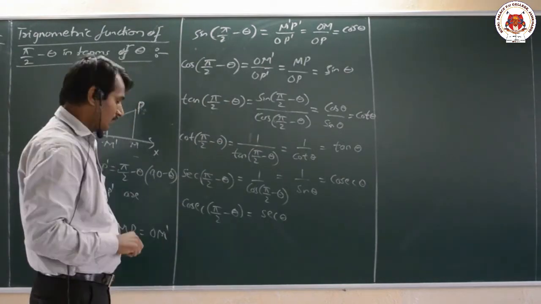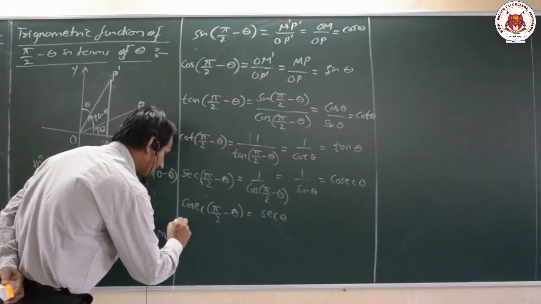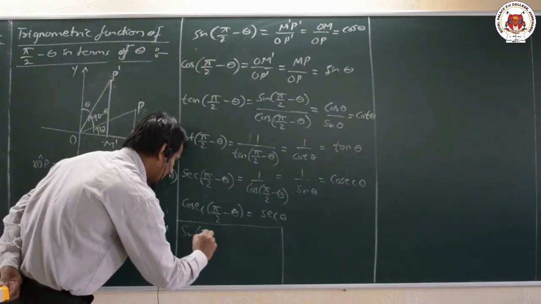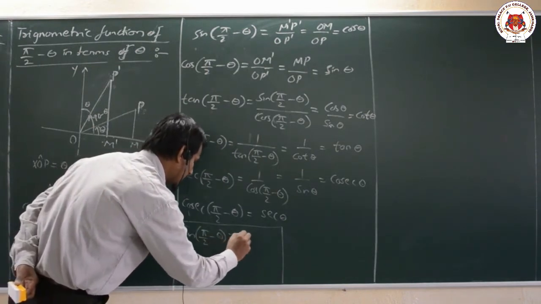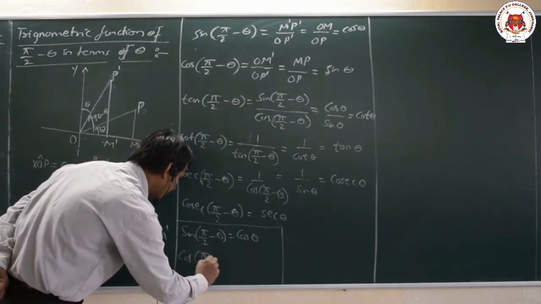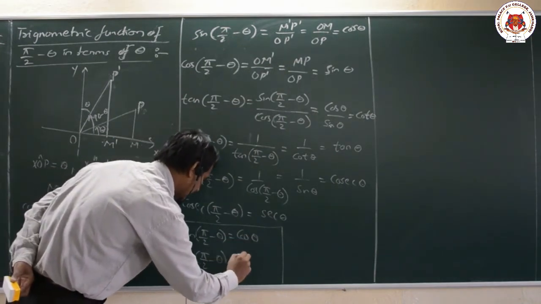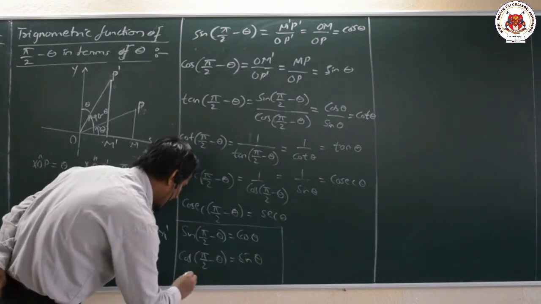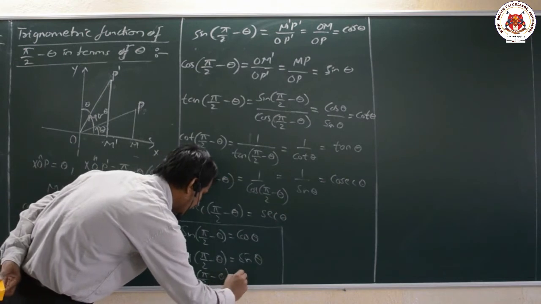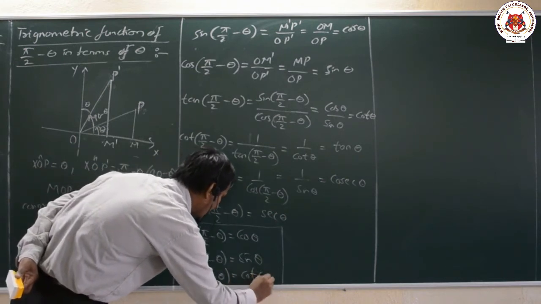So therefore, what formulas did we get here? I will rewrite all the formulas. Sin of pi by 2 minus theta, the value will be cos theta. Then cos of pi by 2 minus theta, the value will be sin theta. Then tan of pi by 2 minus theta, the value will be cot theta.